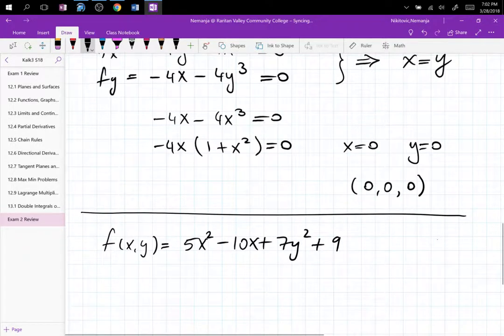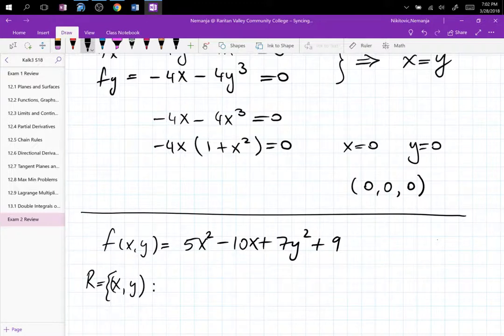And we also have the region. And the region is a circle. So region R of all points x, y such that x minus 1 squared plus y squared is less than or equal to 1.